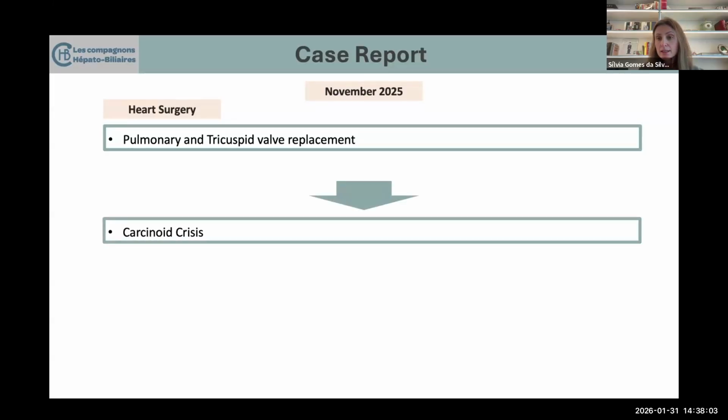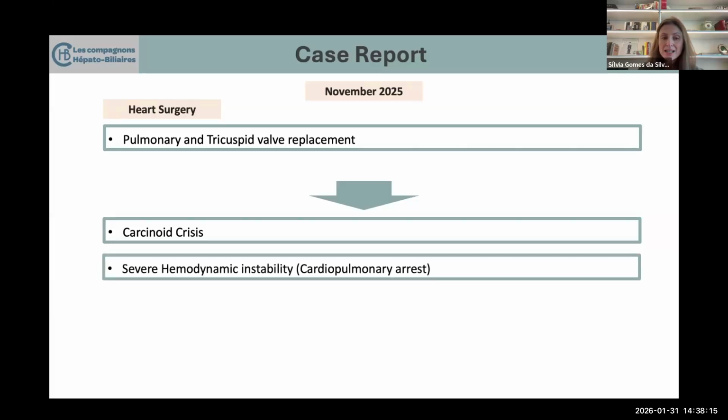But after this cardiac surgery, the symptoms got worse. The patient developed carcinoid crisis almost every day, with severe hemodynamic instability, and 3 cardiopulmonary arrests.